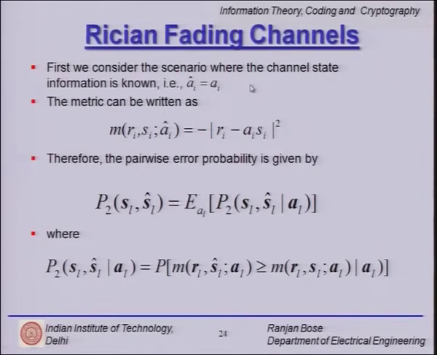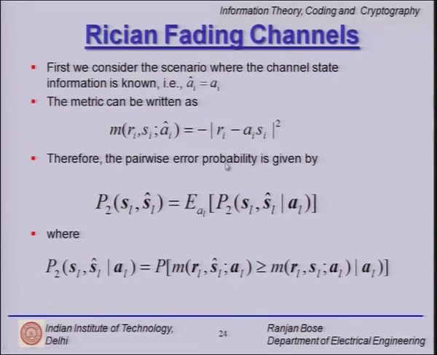Now, first we consider the scenario when the channel state information is known correctly. So, the metric can now be written as minus |R_i minus A_i S_i| squared, because A_i is known. So, received, and we have to see whether S_i into A_i, and this is the distance measure we have.